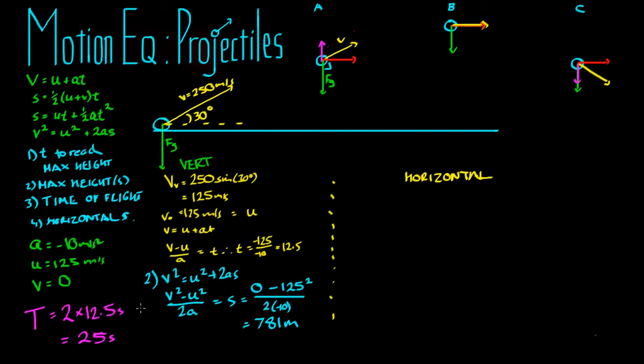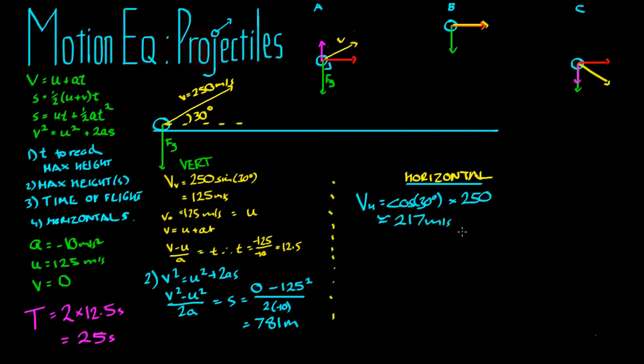And finally, we can use this bit of information to figure out the horizontal displacement. So finally, we look over at the horizontal section. The horizontal velocity, VH, is equal to cos 30 multiplied by 250, which comes to around 217 meters per second.